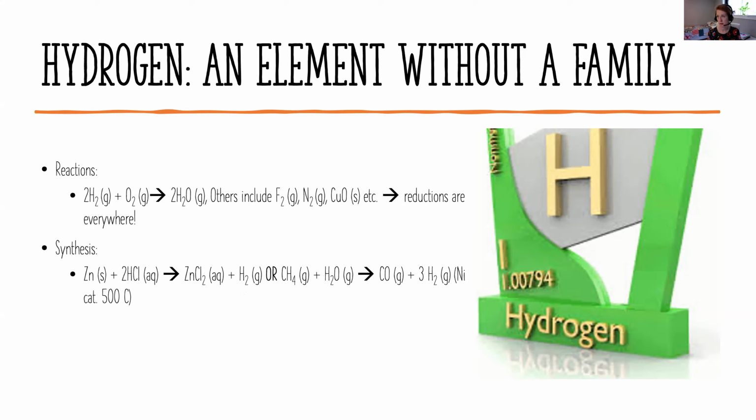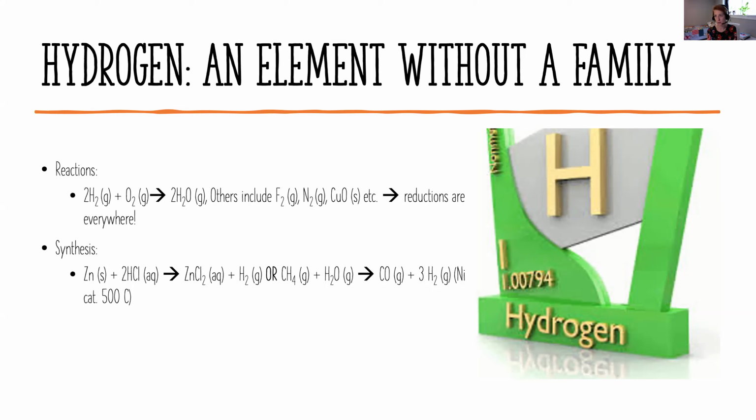So where these two things are combined together, so that the methane is oxidized to carbon monoxide and the water is reduced to hydrogen gas. And this is done over a nickel catalyst at 500 degrees Celsius. And that's the most large-scale pattern for producing hydrogen gas.